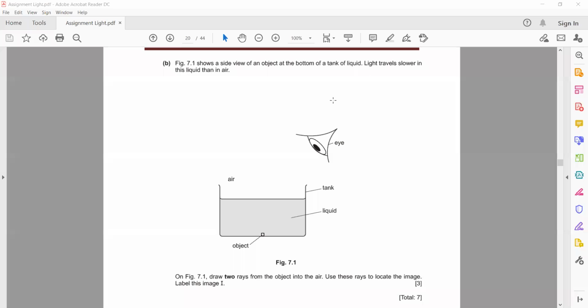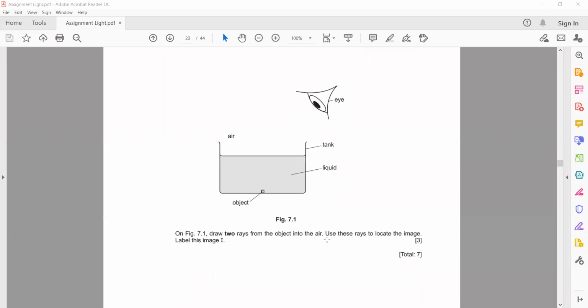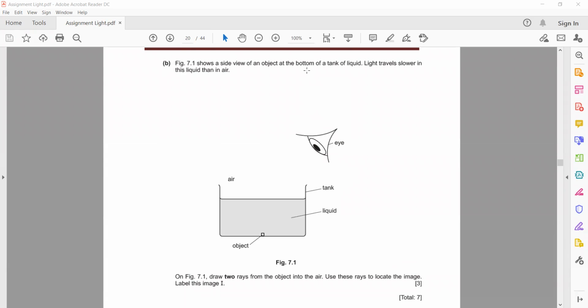Light travels slower in the liquid than in air. On the figure, draw two rays from the object into the air and use them to locate the image. So how do you locate the image? As we discussed, the objects appear to be closer.